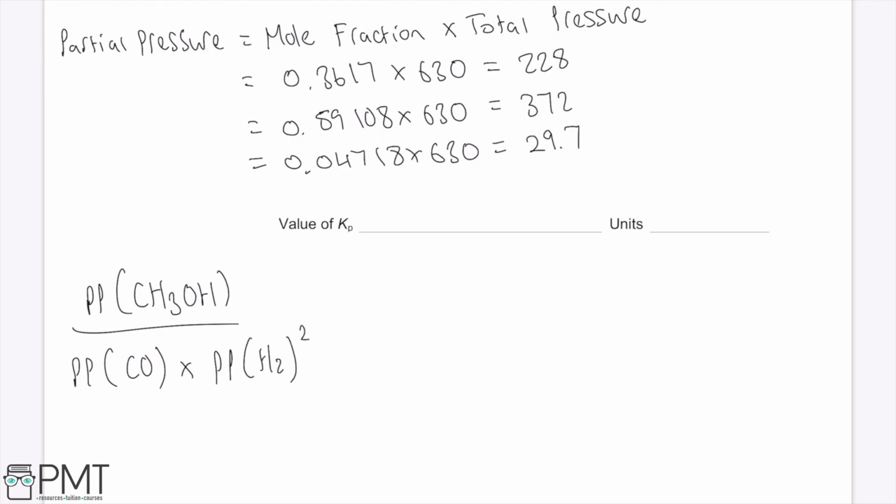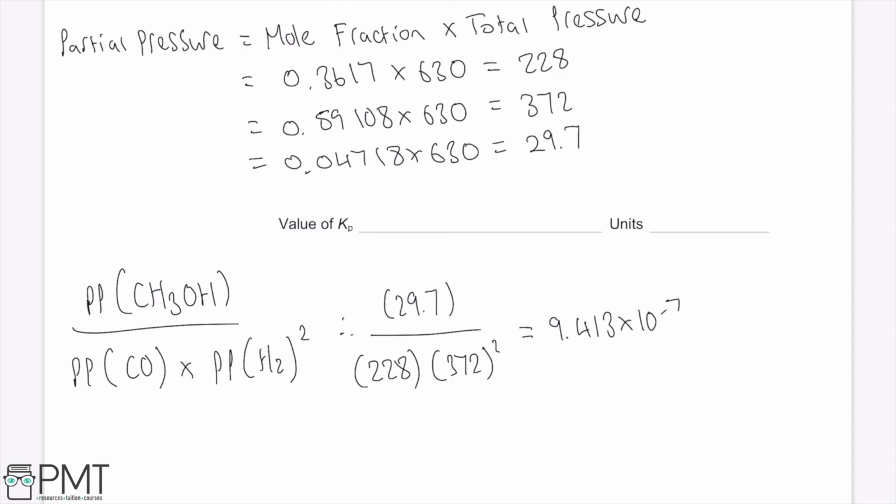So if we put in our values now, we will get 29.7 divided by 228 multiplied by 372 squared, which gives us an answer of 9.413 times 10 to the minus 7.